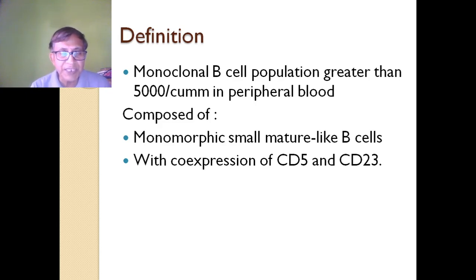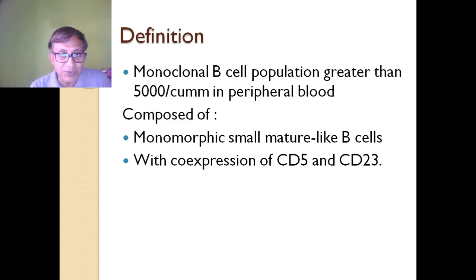So, what's the definition of chronic lymphocytic leukemia? It is defined as presence of monoclonal B cell population greater than 5,000 per cubic millimeter in peripheral blood smear. So, absolute number of lymphocytes are more than 5,000 in peripheral blood in a case of persistent lymphocytosis.